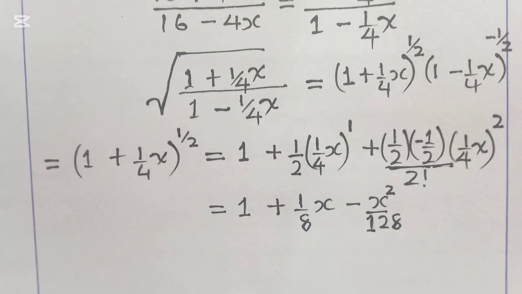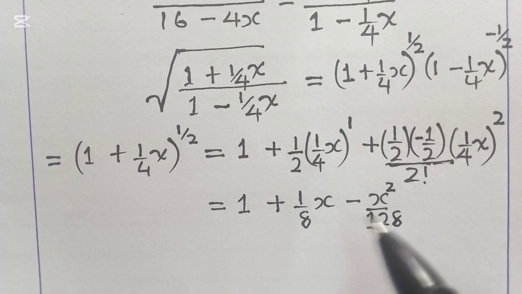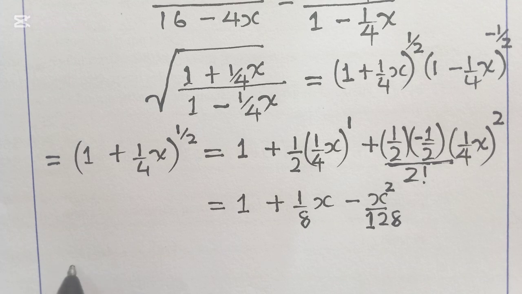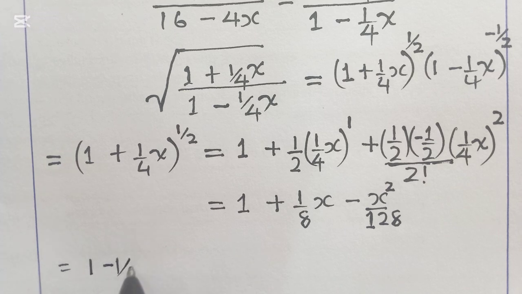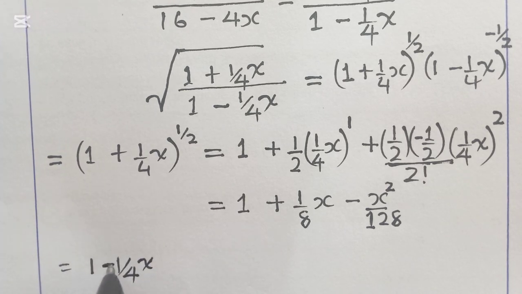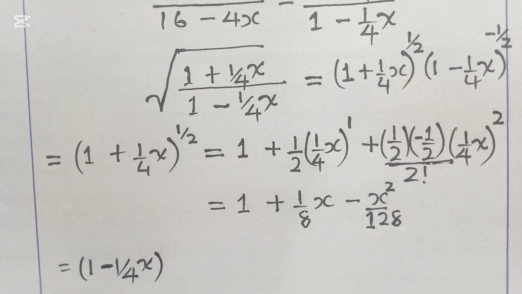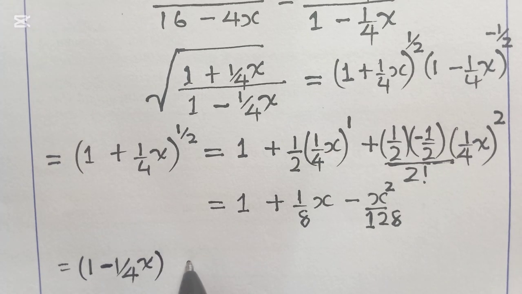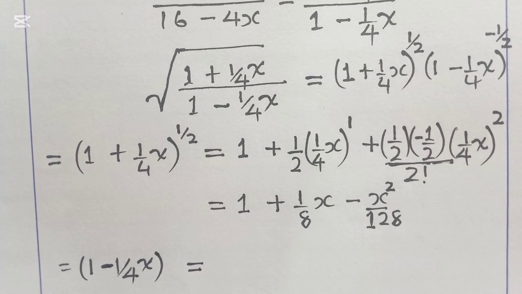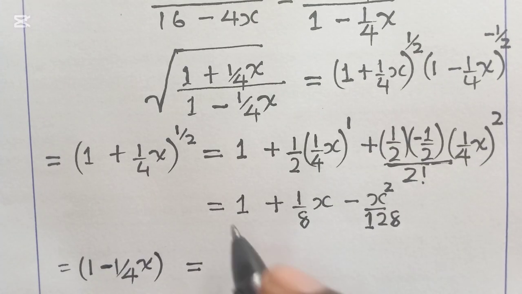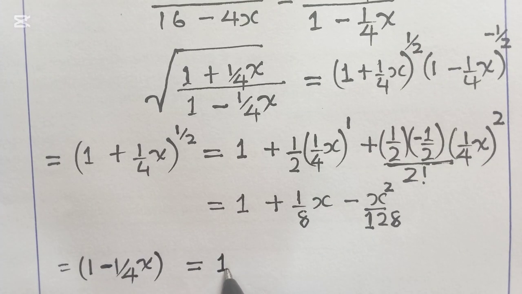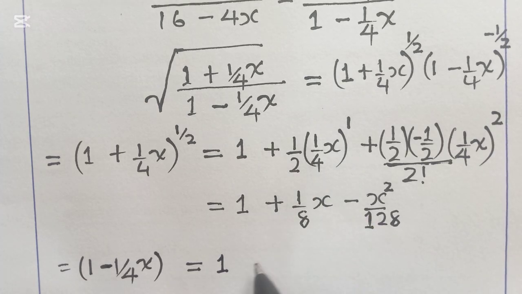So let's go to the next series, guys. This is going now to be 1 minus a quarter x. Now we do that. We shall have the first one, a 1 like that. Then we go to the second.